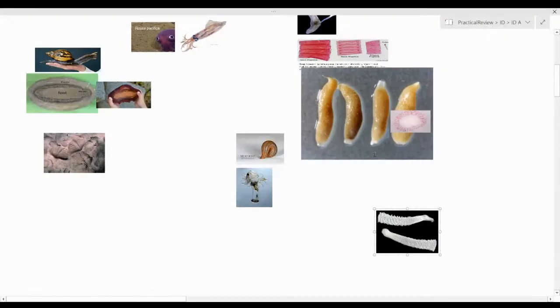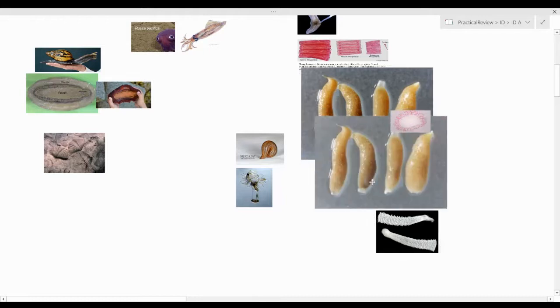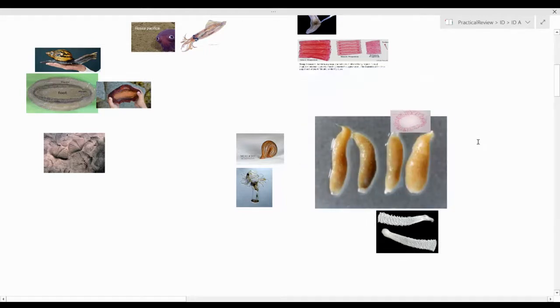So Grantia is a genus, and that's something you may need to say for the practical if you're asked for the genus here. Grantia, that's an A, not a G. So this is a cross section, taken just like this, from a Grantia specimen.